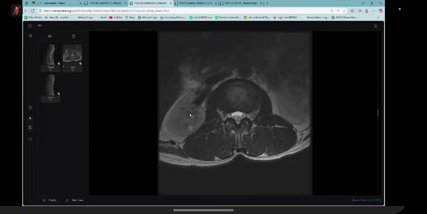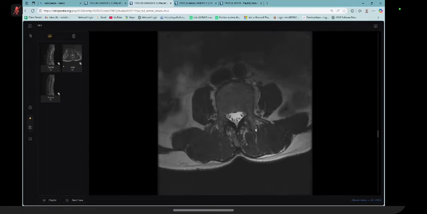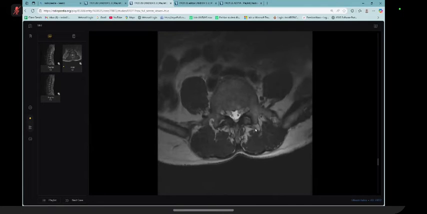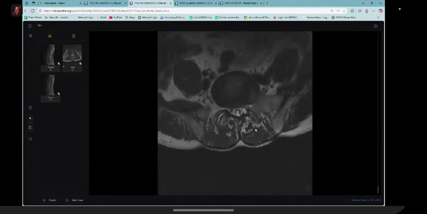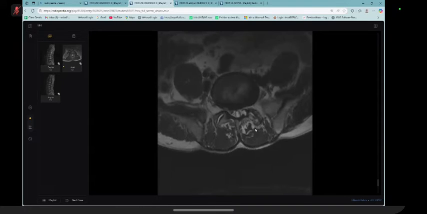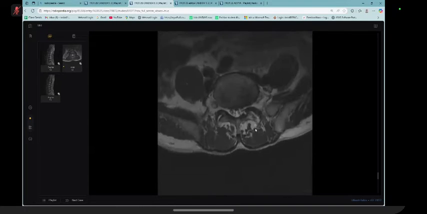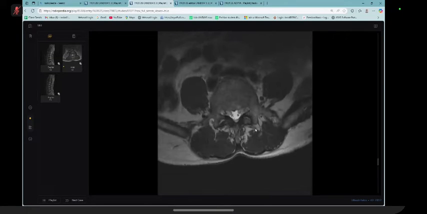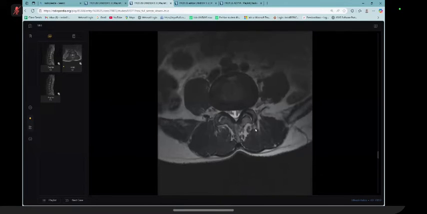Okay, from this level I will go up. Here in this level also there is evidence of marked narrowing of the neural exit foramina with thecal sac compression.